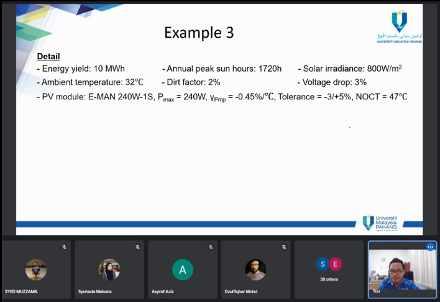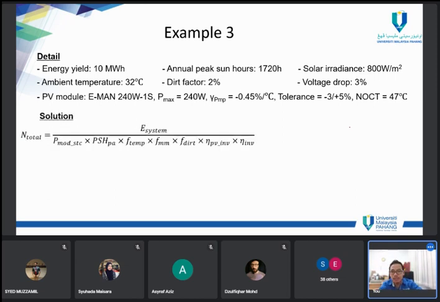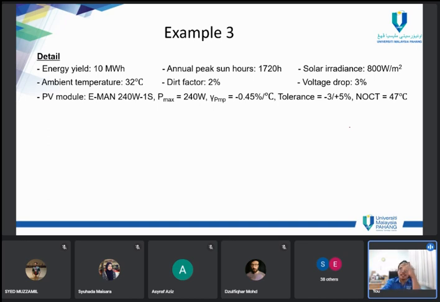Okay. The question is: what is the maximum number of modules?